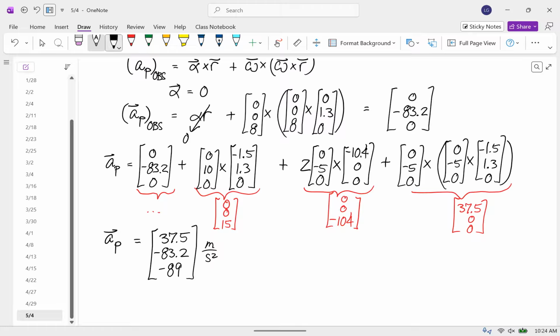Okay. Anybody have any questions about that? So if you needed that acceleration for Newton's second law, this is the acceleration you would have to use.